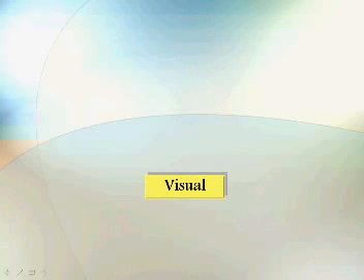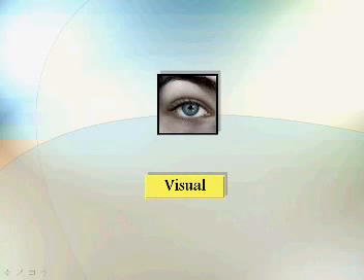visual learners. I would like you to guess the meaning of the word visual from this picture. If you find this picture and you have the word visual, what does it mean? Yeah, think. Right, excellent. It means somebody who is interested in watching things, seeing things, somebody who is more likely to enjoy or to learn better when he sees things.